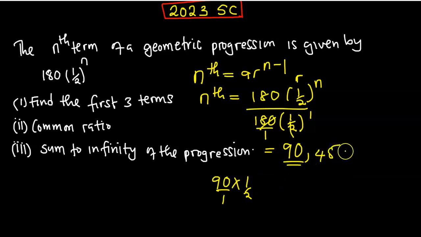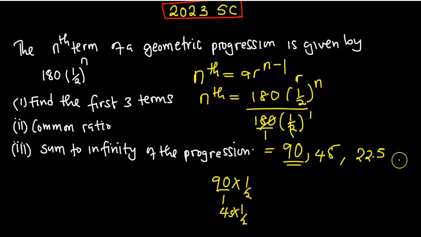Then the next one, we multiply 45 by 1 over 2. It's the same as 45 divided by 2, which is 22.5.